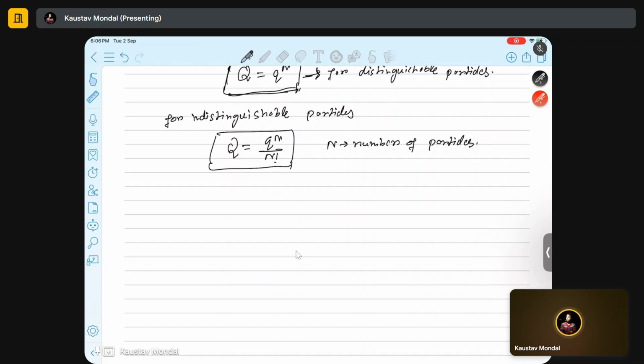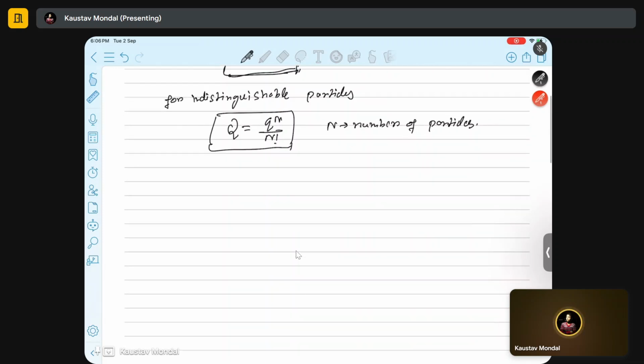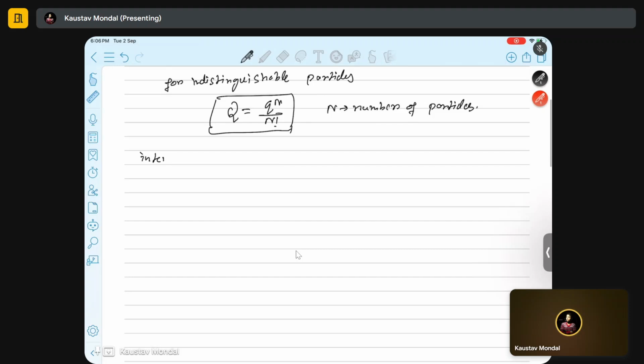Initially we know that the internal energy of a canonical system is related by this relation: U minus U0 equals minus 1 by Q del Q del beta at constant volume.